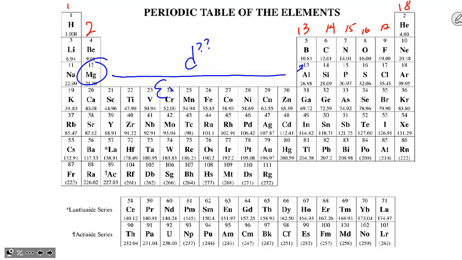This is known as an expanded octet. Meaning silicon or selenium or chlorine could be at their lowest energy state with more than 8 electrons around them.